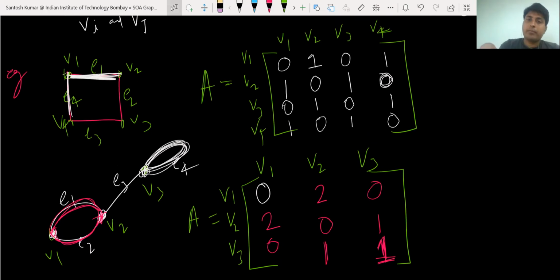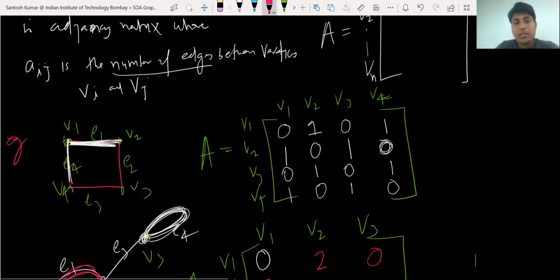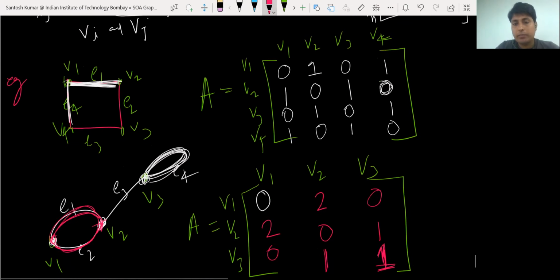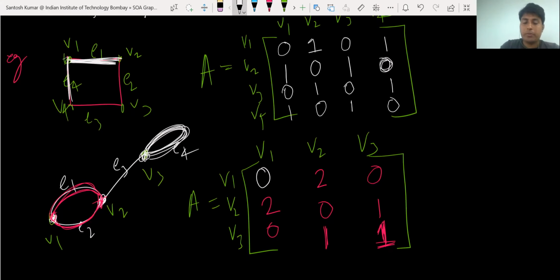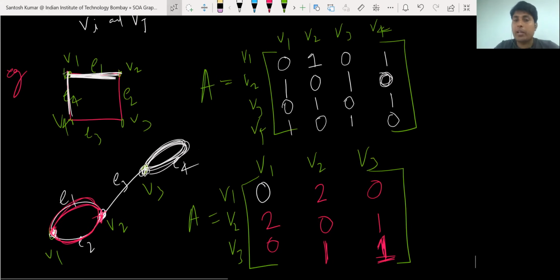that in the adjacency matrix, it is not like column sum is 1, row sum is 2, column sum is 2. It is not like that. But here you can consider one thing, it is symmetric, because it's vertices by vertices. So the number of edges between Vi and Vj will be the same as the number of edges between Vj and Vi. So that's why it is symmetric. Now you can see it in the sense of the relation of symmetry.